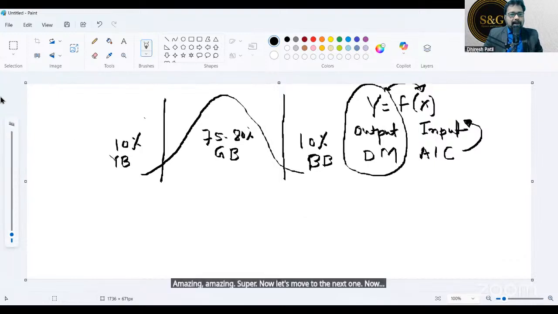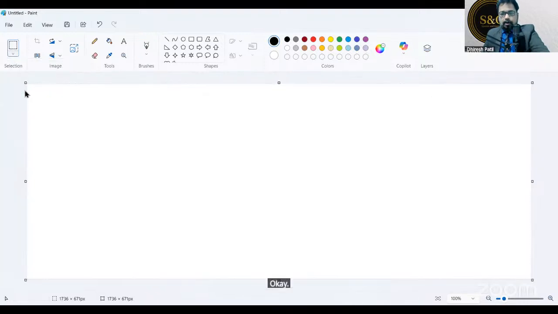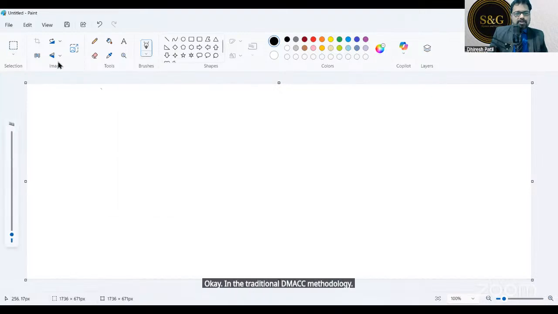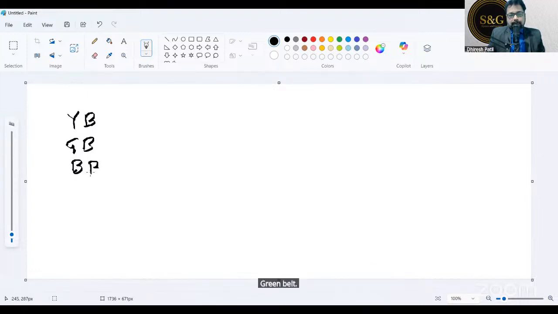In the traditional DMAIC methodology, as I mentioned to you, the white belt and the master black belt don't do the projects. Yellow belt, green belt, and black belt are the three levels where generally we do the projects.